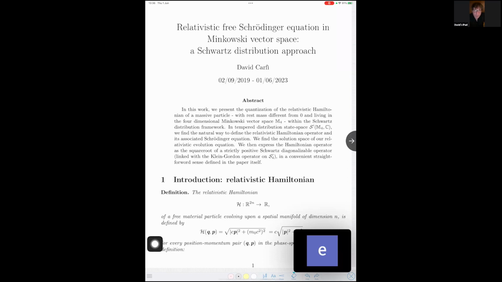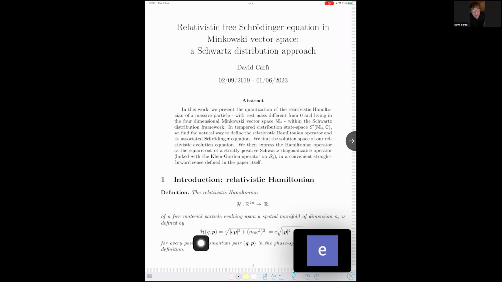So the basic point is this one. This is one of the failures of Schrödinger to translate into quantum mechanics the concept of the relativistic Hamiltonian.